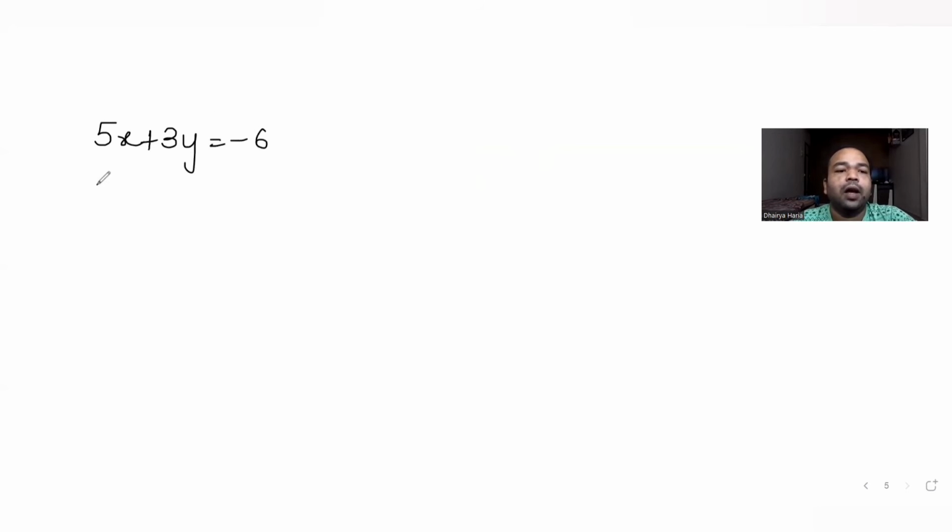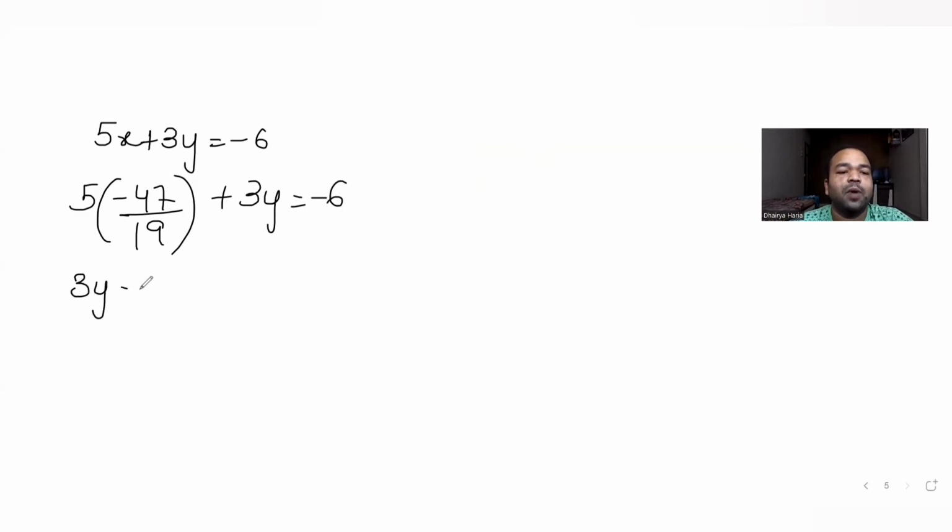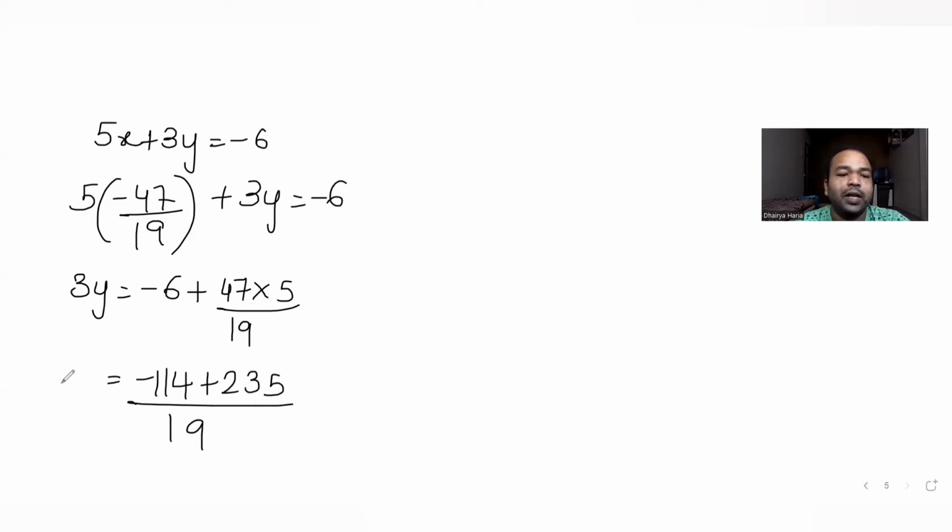For y, I know 5 into x, which was minus 47 by 19, plus 3y equal to minus 6. So 3y becomes minus 6 plus 47 into 5 by 19. So minus 19 into 6, which is minus 114, and 47 into 5, 235, upon 19.